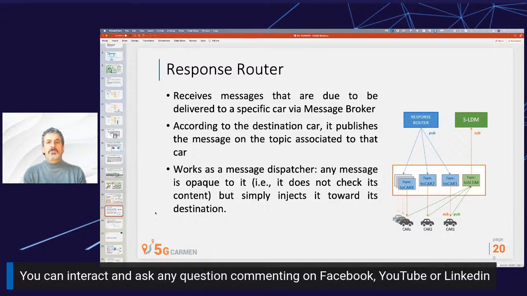In this way, it facilitates the operations of the AMQP broker. To speed up the operation, all the messages are opaque to the response router. That is, the response router does not need to check its content, but it assumes just that this message, through an identifier, needs to be sent to the destination.